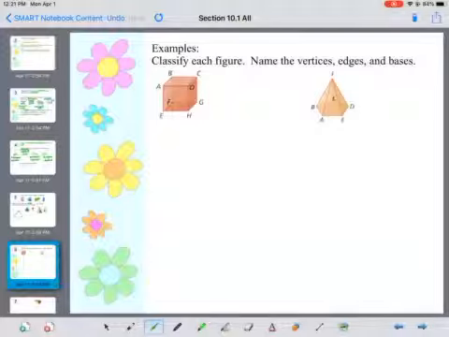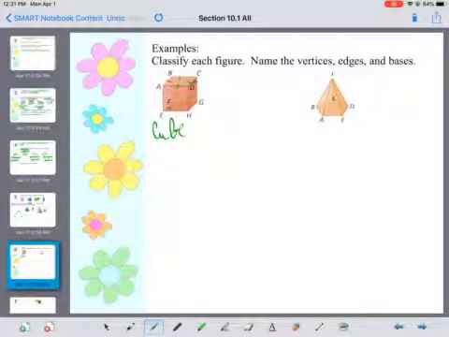Some examples here. Classify each of these figures. Name the vertices, edges, and bases. So this one right here, we're going to say that we know all of those are right angles. Okay, so then that would be a cube. So name the vertices. The vertices, if we're going to name them, those are all the points.